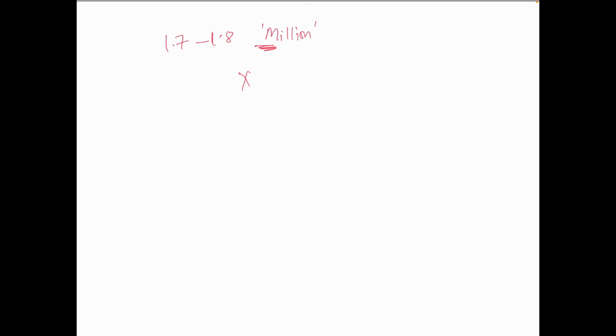It is not billion. It is not trillion. Neither is it quadrillion. If you haven't studied your NCERT in depth, you will get caught up in these types of questions.